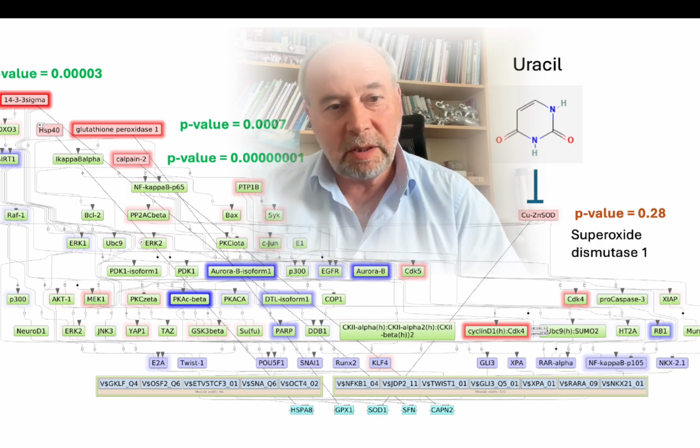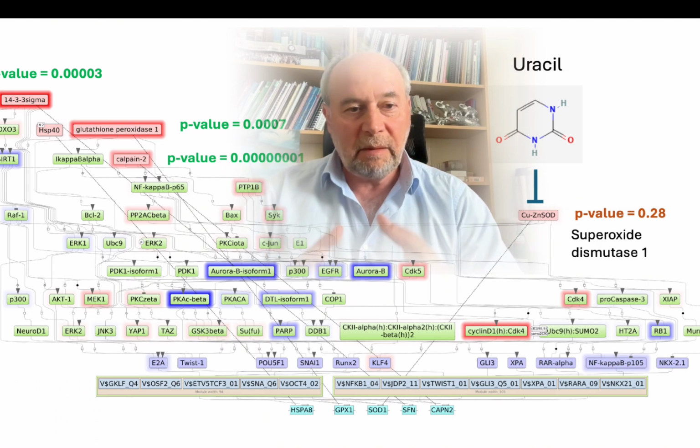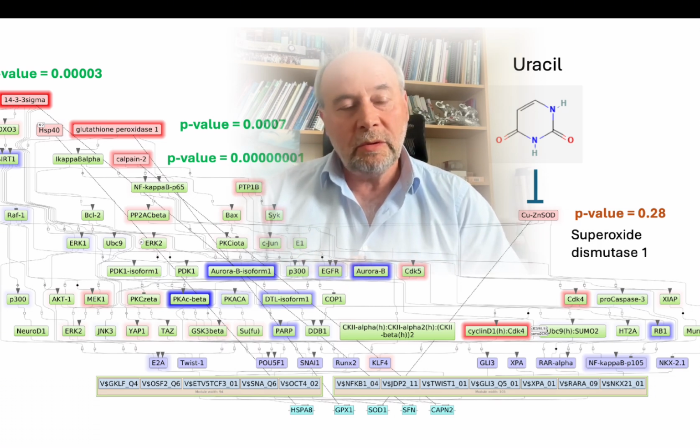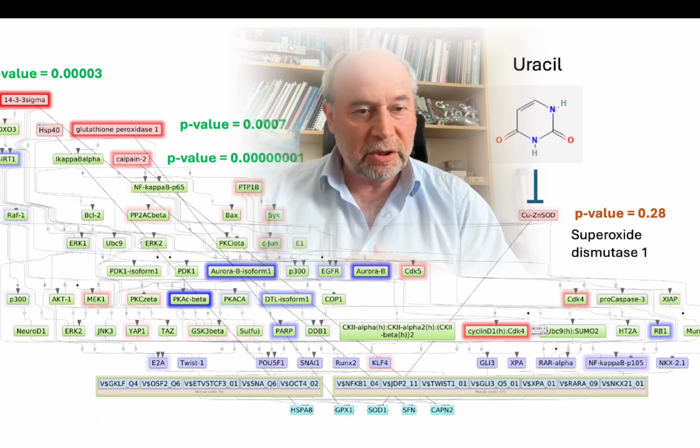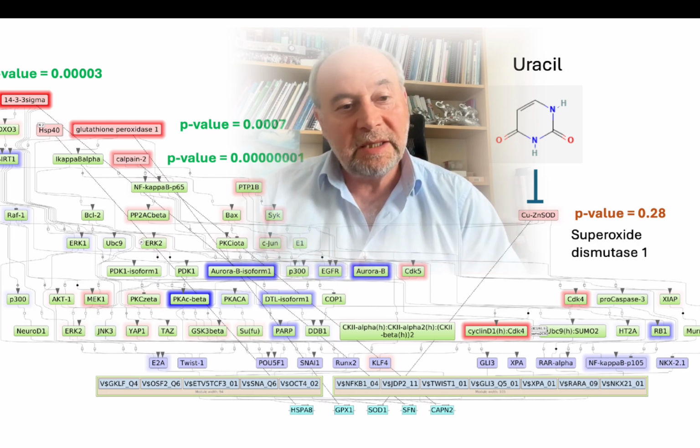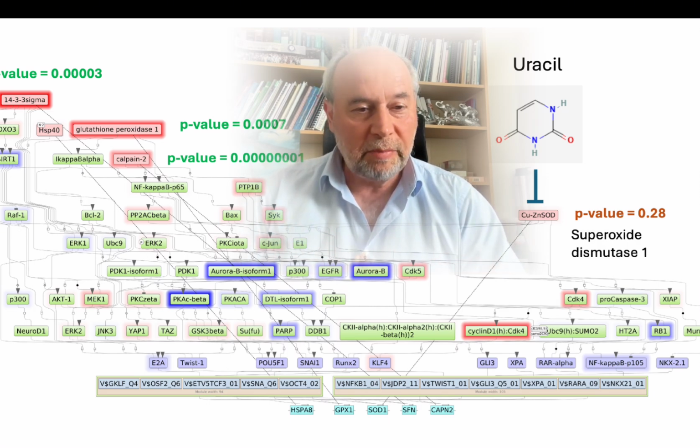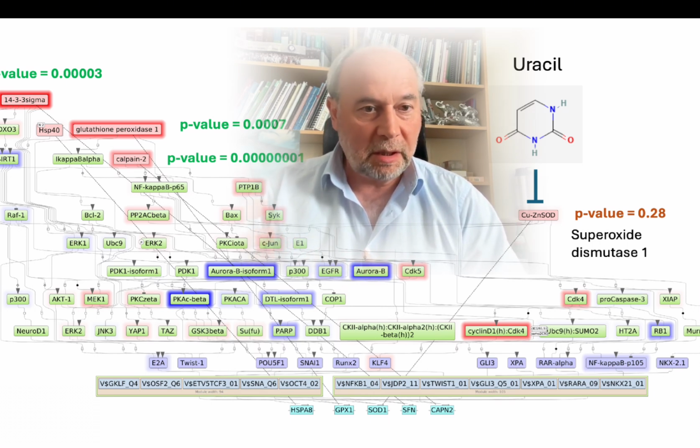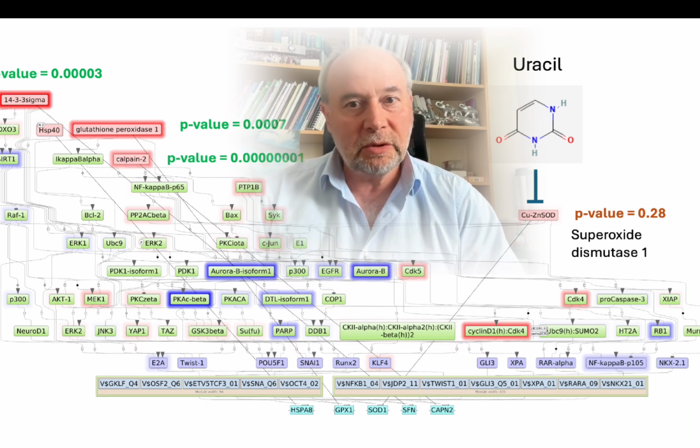And using chemoinformatic tools like PASS, using the structure-activity relationship database which is behind this PASS system, we predicted that Uracil can be a compound targeting this SOD1.